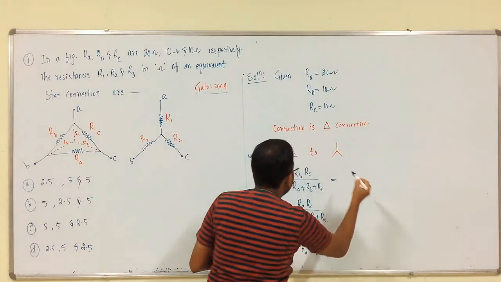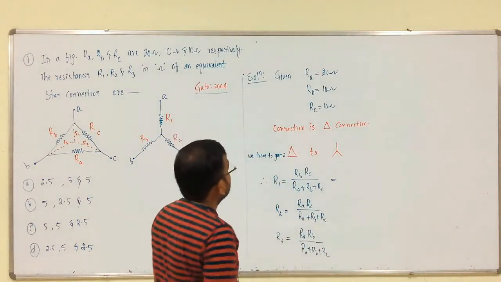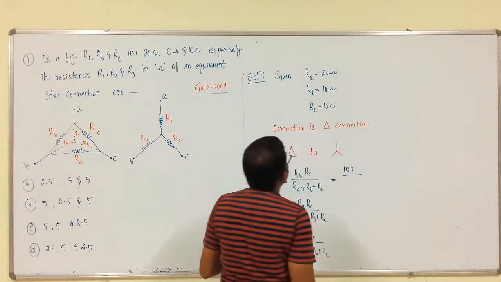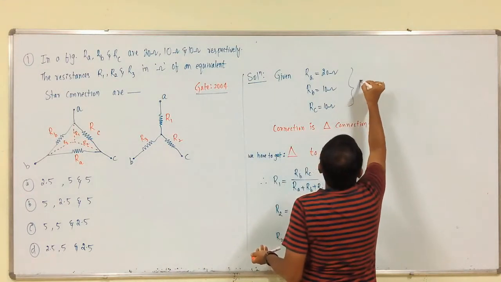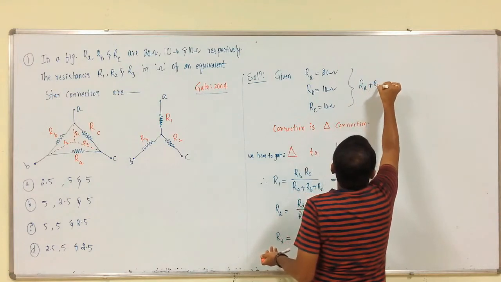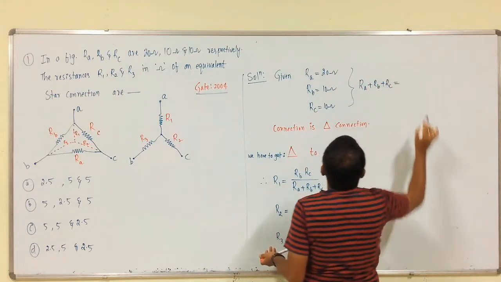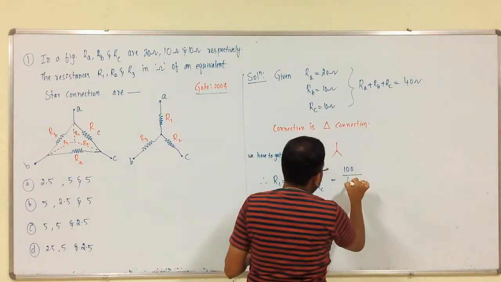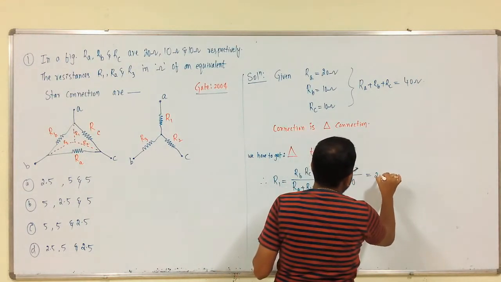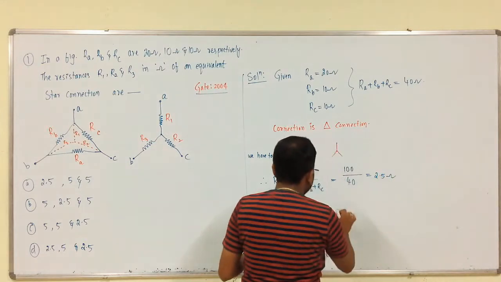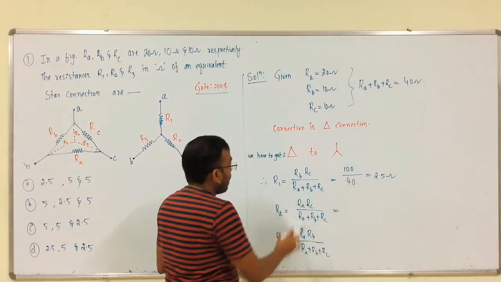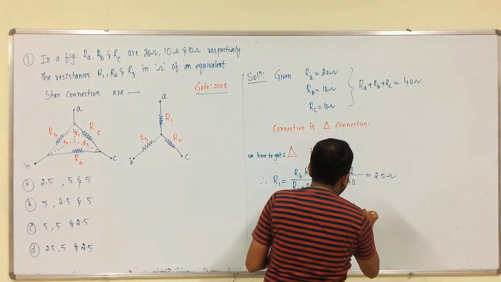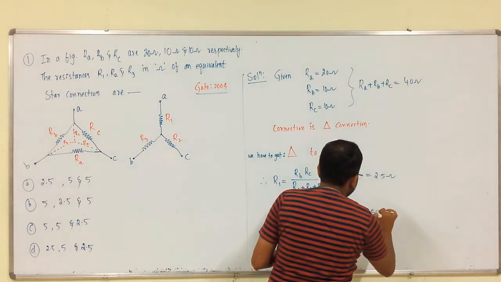So, from this, R1 is, given RB, RC, 10 into 10, that is 100, by the total resistance RA plus RB plus RC, which is 40 ohms. Therefore, R1 is 2.5 ohms. Like that, R2 is RA into RC, which is 200 by 40, equal to 5 ohms.